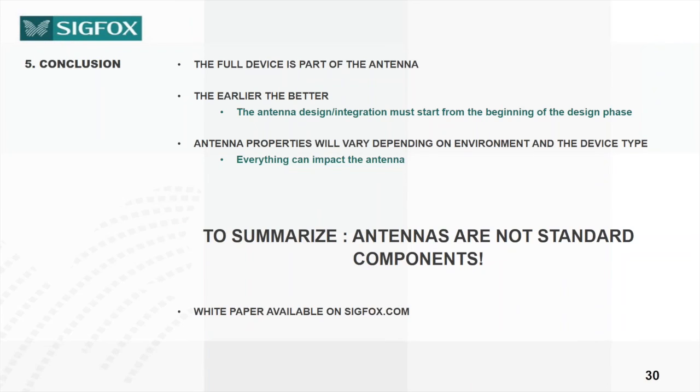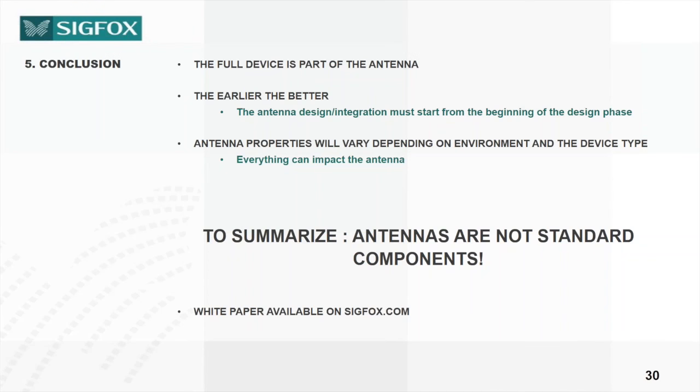For most integrated antennas, the whole device will actually be part of the antenna. The second point is the earlier the better. So the earlier you start to consider the antenna design, the better performance you can expect. If you start too late, then it might be very difficult to achieve acceptable performance.